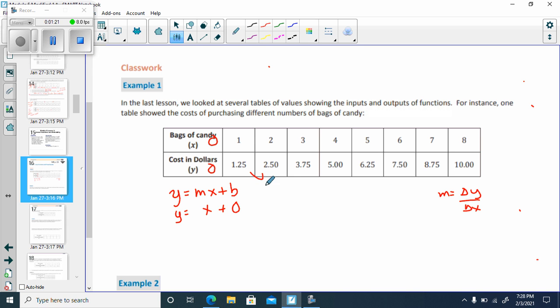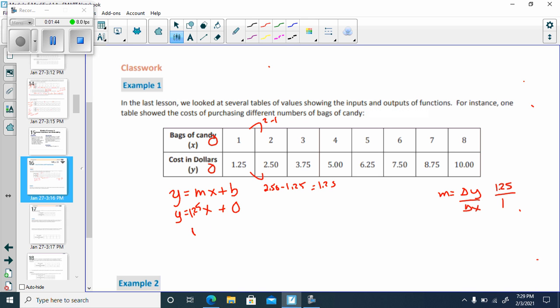We've gone from here to here, 250 minus 125, that's our change in y, which gives me $1.25, and from here to here, 2 minus 1, 1 bag of candy. So it's $1.25 for 1 bag of candy. Our m would simply be $1.25.